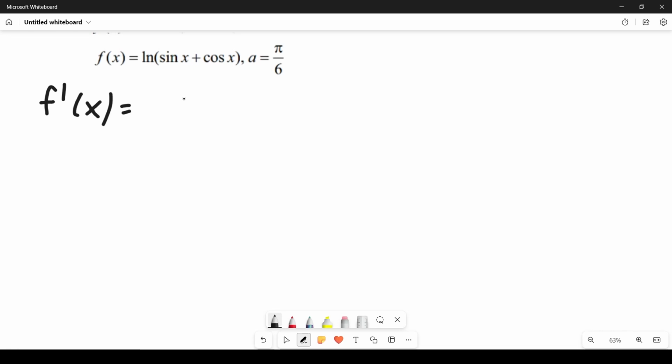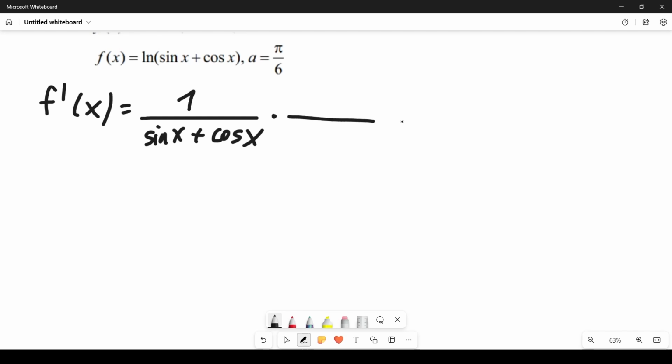And now we can simply say that it's going to be 1 over the function in sine x plus cosine x, times the derivative of the function itself, which is going to be sine x, and its derivative is going to be cosine, just cosine.